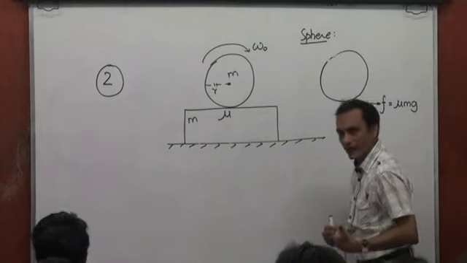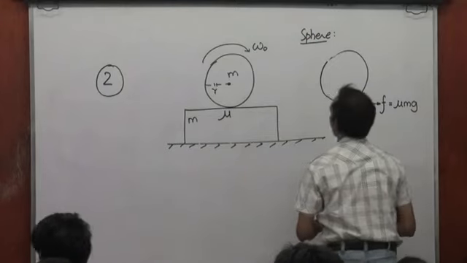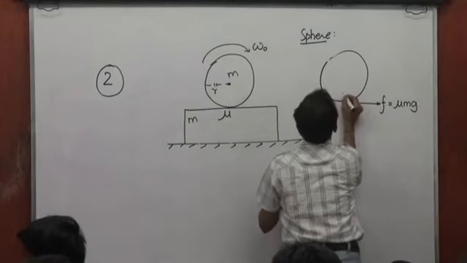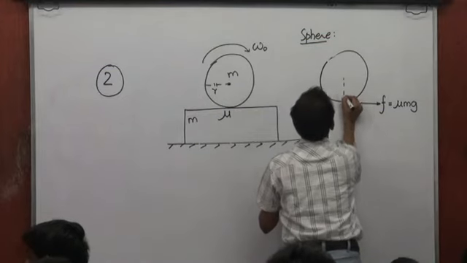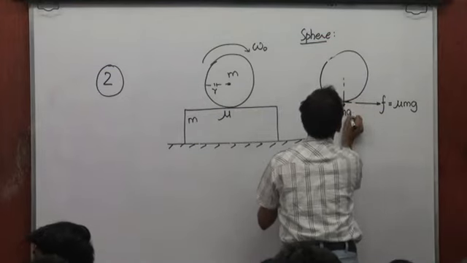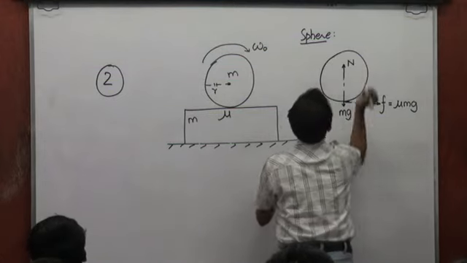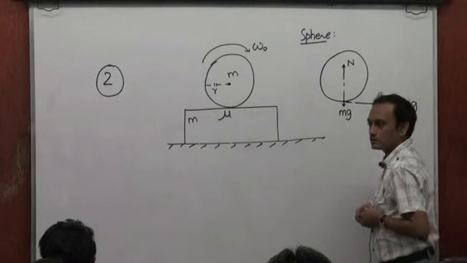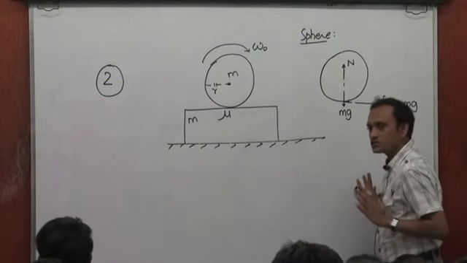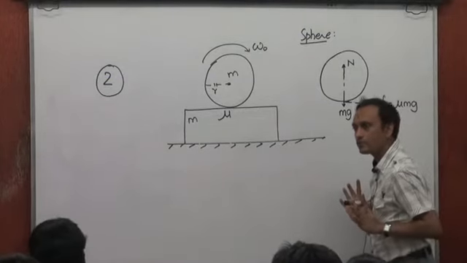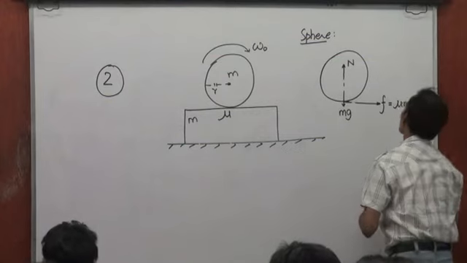I hope all of you understand why. There is obviously going to be mg downwards, there is going to be normal reaction upwards, right? Does it summarize all forces acting on the sphere? It does.